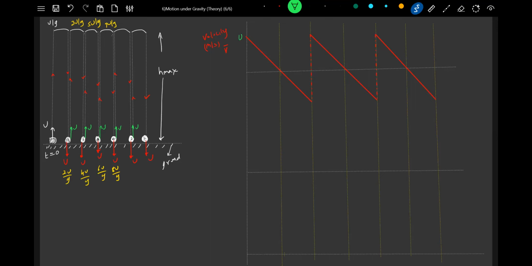It was projected with u, and at the highest point it is minus u. What are these intervals of time? u by g, 2u by g, 3u by g, 4u by g, 5u by g, 6u by g.